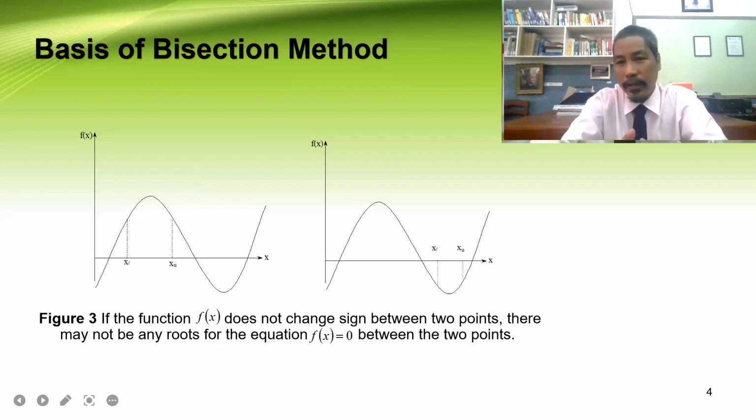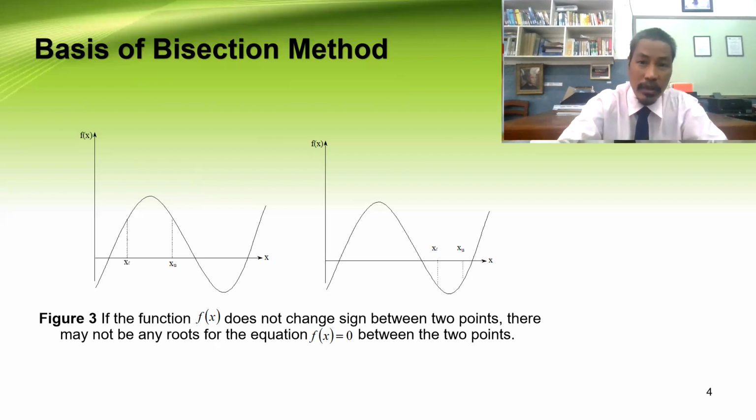So if the function does not change in sign, it may or may not have roots. It is not very clear, so we have to verify it. However, if the function changes its sign, it is sure that there is at least one root.